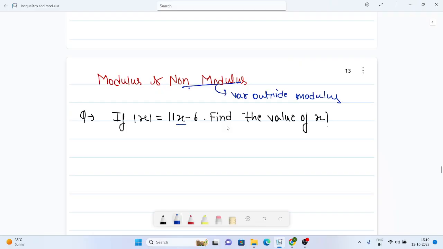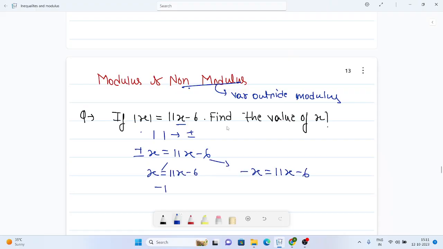For solving this type of question, you have to follow the same one. You replace as it is. What extra you have to do, I tell you. First I find the solution for this. So it gives x equal to 11x minus 6 or minus of x equal to 11x minus 6.